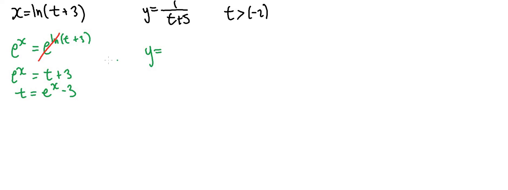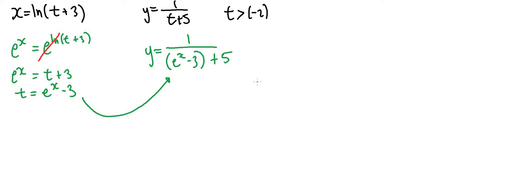Now I can take my y, which is 1 over t plus 5. I'm going to take my definition of t and put that here, that's e to the x minus 3. Now we need to think about our domain.